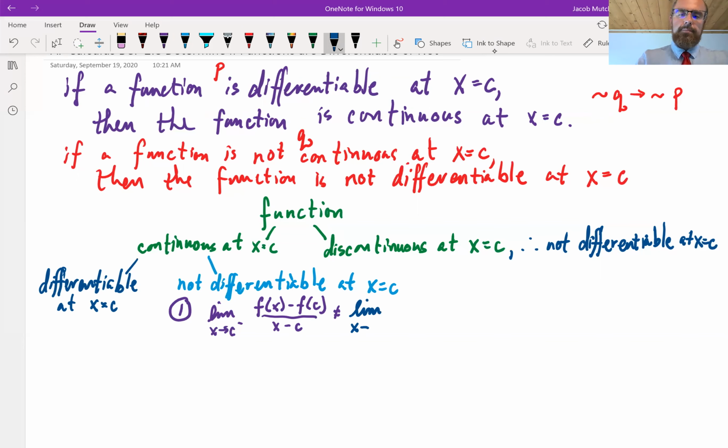The limit as x approaches c from the right of the same average rate of change expression, f of x minus f of c over x minus c.